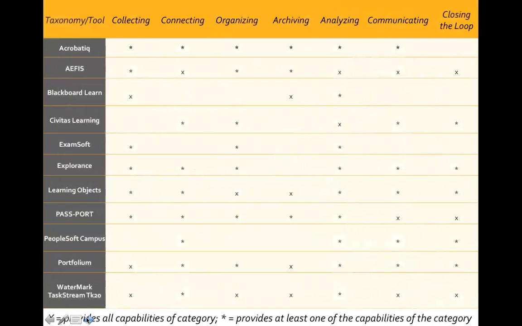And we provided you with a sample of some of the assessment management systems that are provided by NILOA in their assessment management catalog, as I'll call it. They have a document that lists several of them, and what we did was we took the opportunity to place them in our taxonomy, with the stars representing that the different tools have at least one of the capabilities of that category, and an X representing that that particular tool covers all of the capabilities that we've outlined in that category.